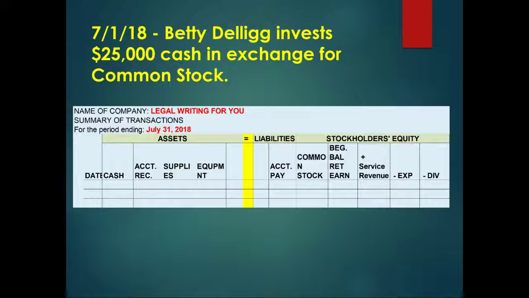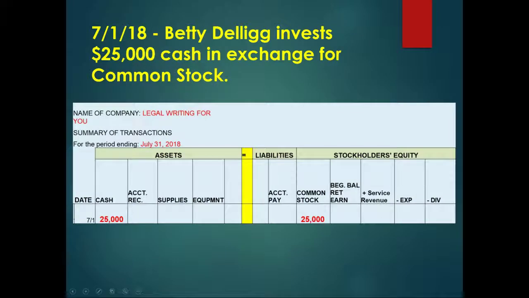Now let's go back to this transaction. Betty DeLig invests $25,000 cash in exchange for common stock. Now she's invested it in her company, Legal Writing for You. So from the company's point of view, cash increased $25,000. From the company's point of view, they now have common stock, and it increased $25,000.